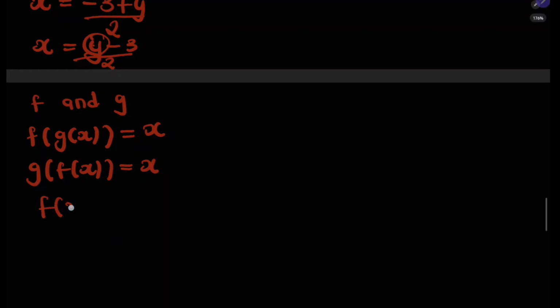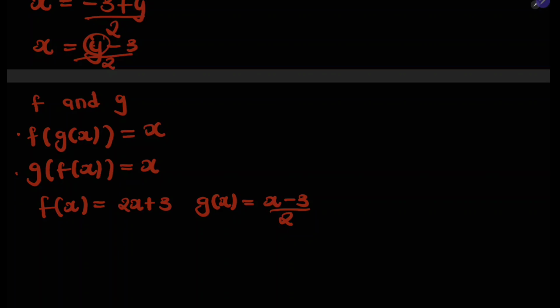Let's say f of x is equal to 2x plus 3 and g of x is equal to x minus 3 on 2. So now we are going to do for the two cases, and if they are both x, then they are inverses. So let's have the first case, f of g of x.